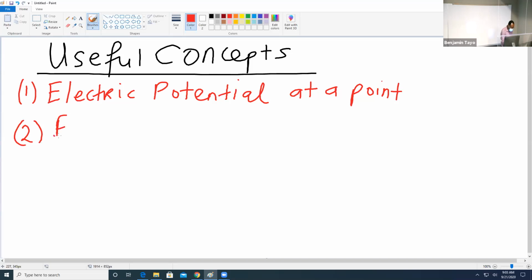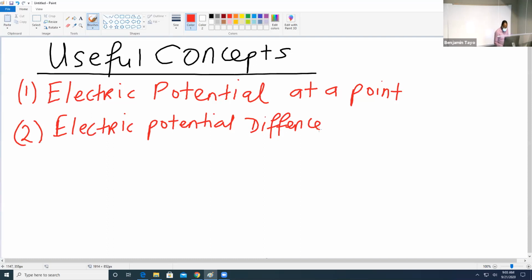And then the second one is called the electric potential difference between point A and point B. So that's the electric potential difference.